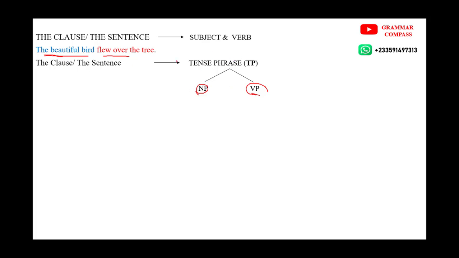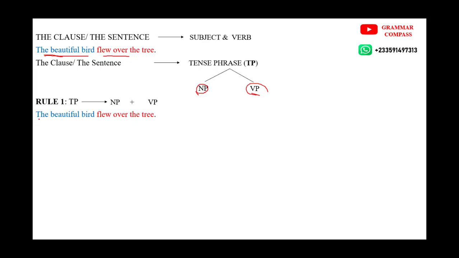When you have a sentence, how are you going to draw the tree? What are the rules that govern it? First, rule number 1. The TP or the tense phrase consists of a noun phrase and a verb phrase. Let us have this example. The beautiful bird flew over the tree. Which part of the TP is our NP?